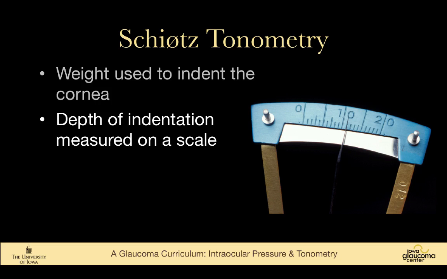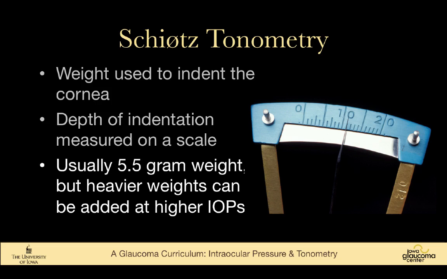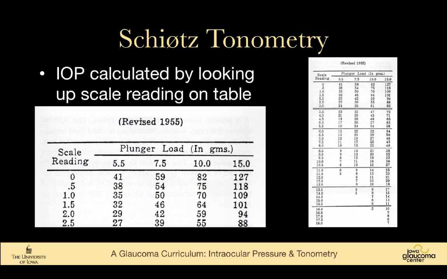And the depth of indentation is measured on a scale. Unlike the Goldmann tonometer, this really does displace fluid in the eye. Usually a 5.5 gram weight is used in the base standard setup, but one can add heavier weights to expand the scale at high intraocular pressures.